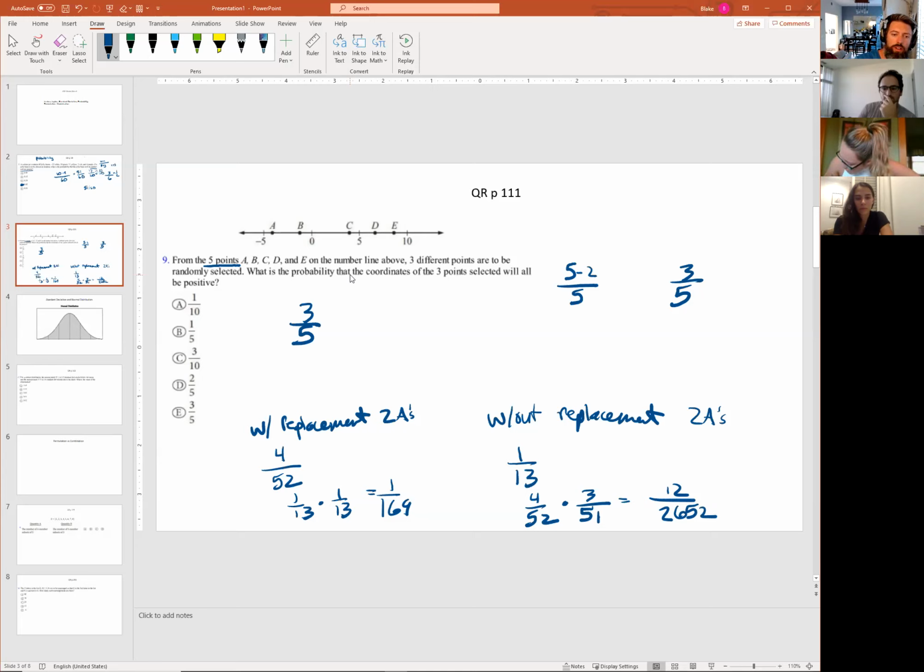And so what we can do is check our numbers here, but I think you guys can probably intuitively tell that these are going to be close, but not exactly the same, right? So with replacement and without replacement, which one do you think has better odds? Let's put it that way.